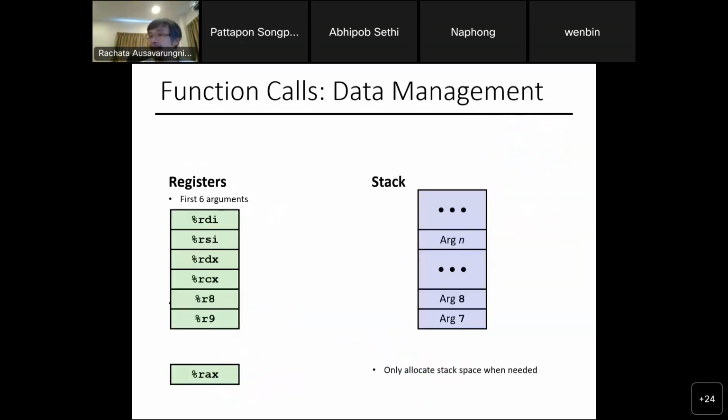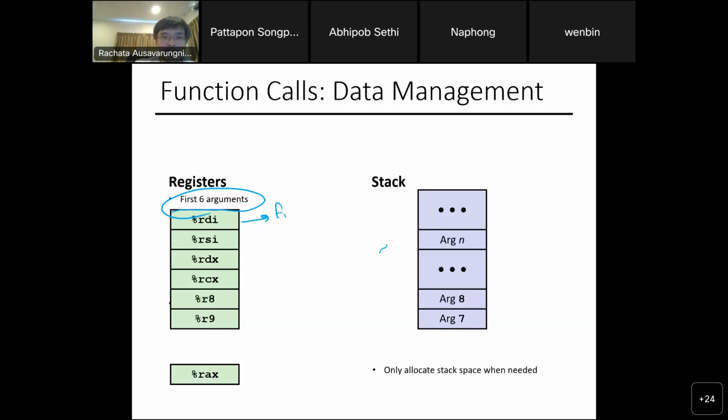So to pass the data in, in the modern architecture, the first 6 arguments. How many of your function calls have more than 6 inputs? Not a lot, right? Most of your function calls would have at most 6 inputs.